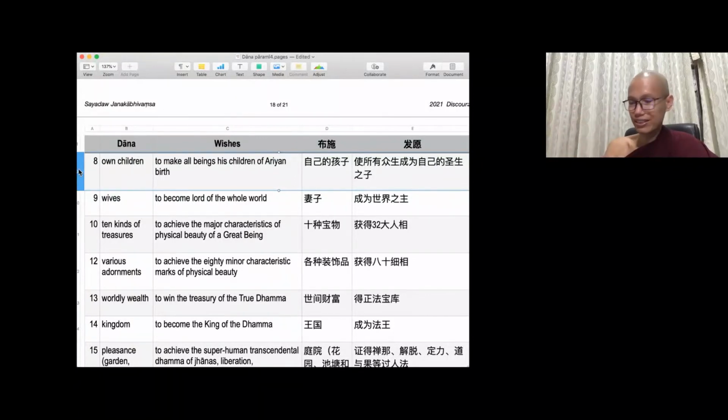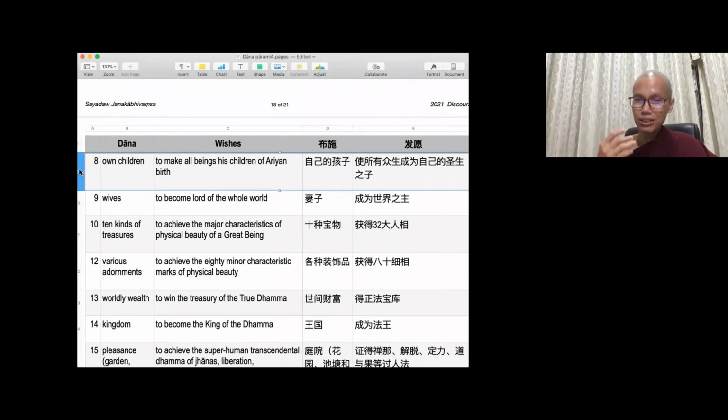Speak so they understand, and when the children agree, the Bodhisattva donates. Nowadays thinking can be different, meaning children are owned by parents.